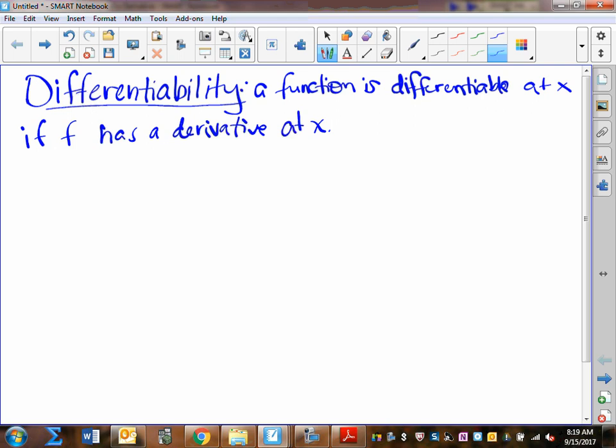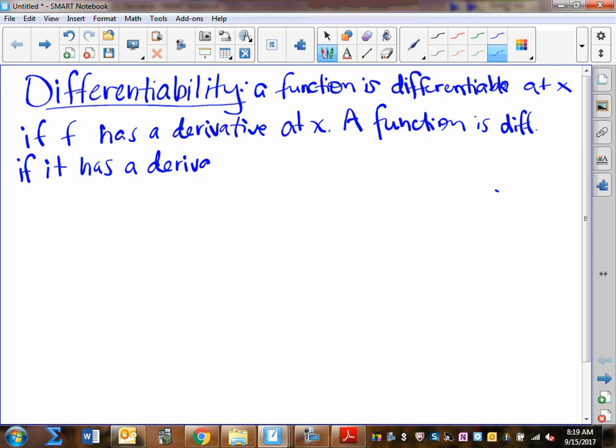Now, just as we say a function is continuous if it is continuous at every point on its domain, we can say a function is differentiable if it has a derivative at every point on its domain.